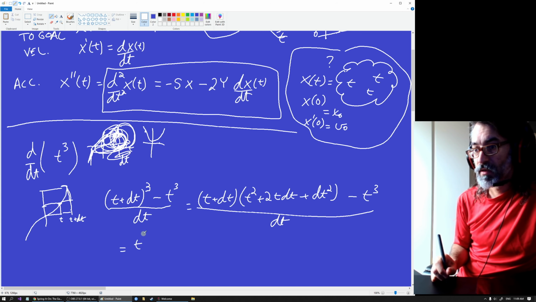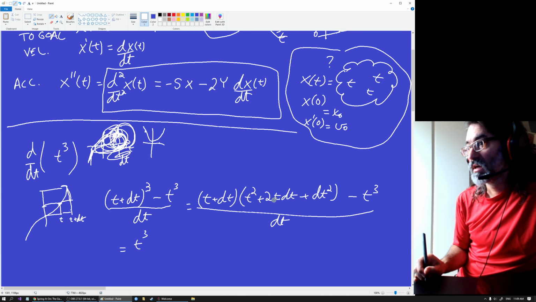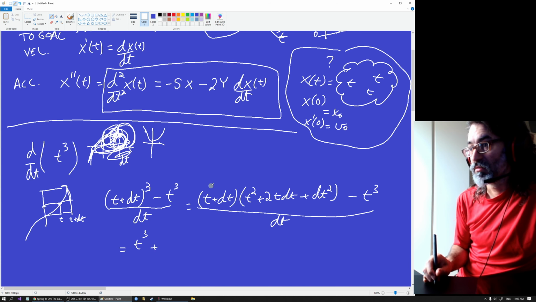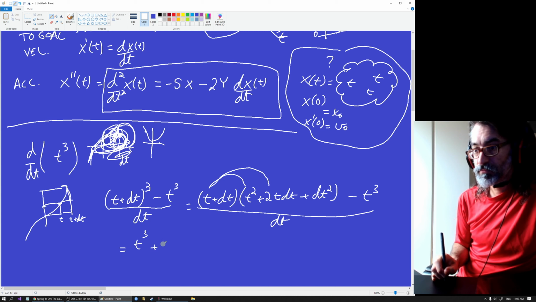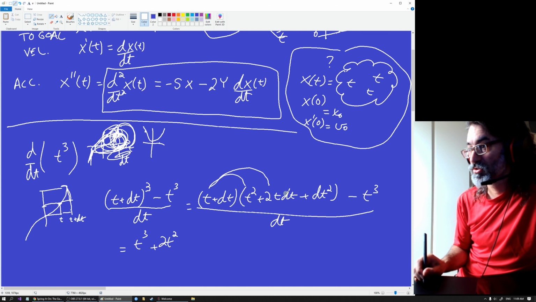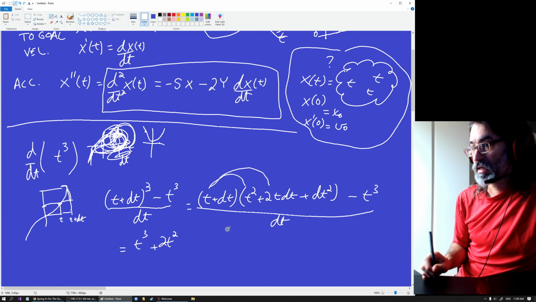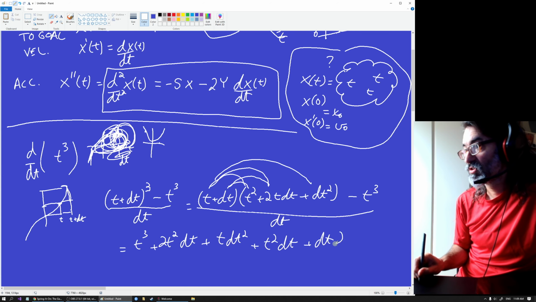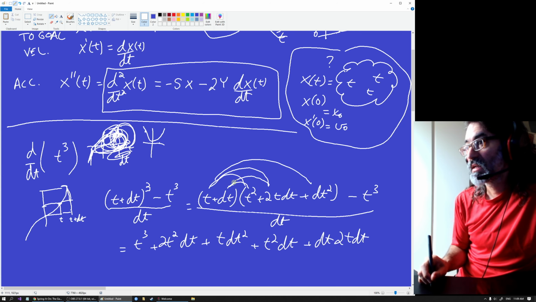There's t cubed, then 2t squared dt, then t dt squared, then t squared dt, then 2t dt squared, and the last one is dt cubed.